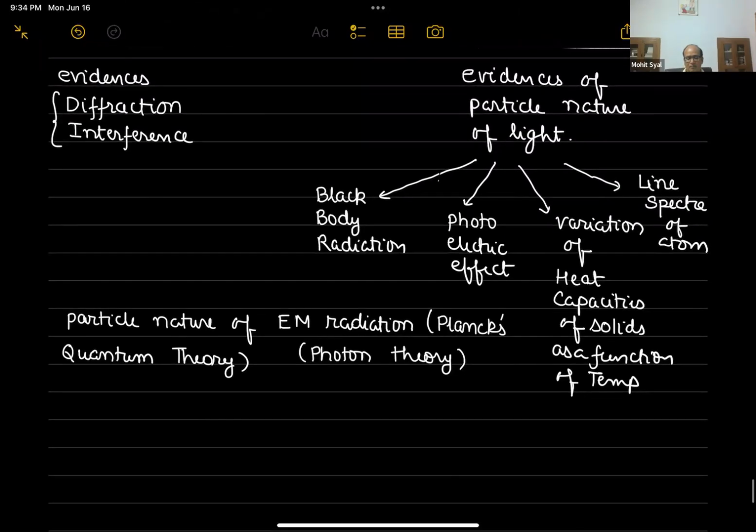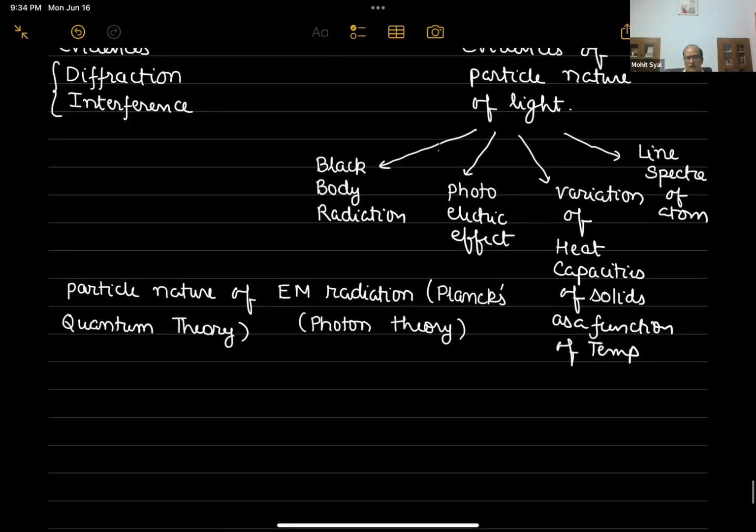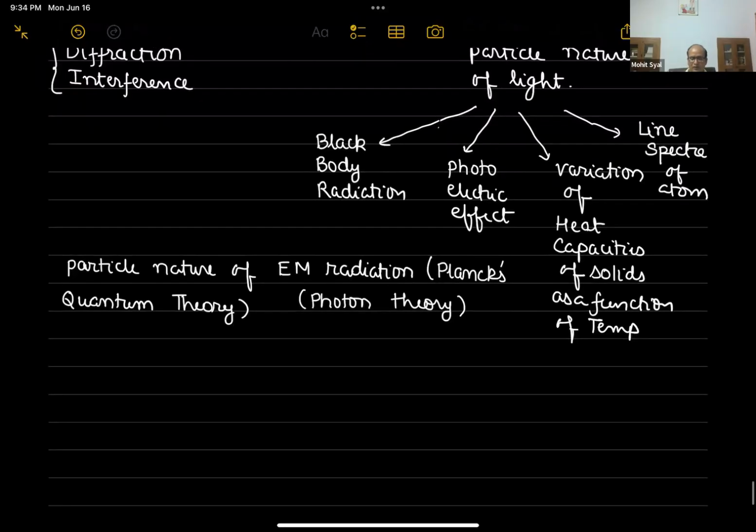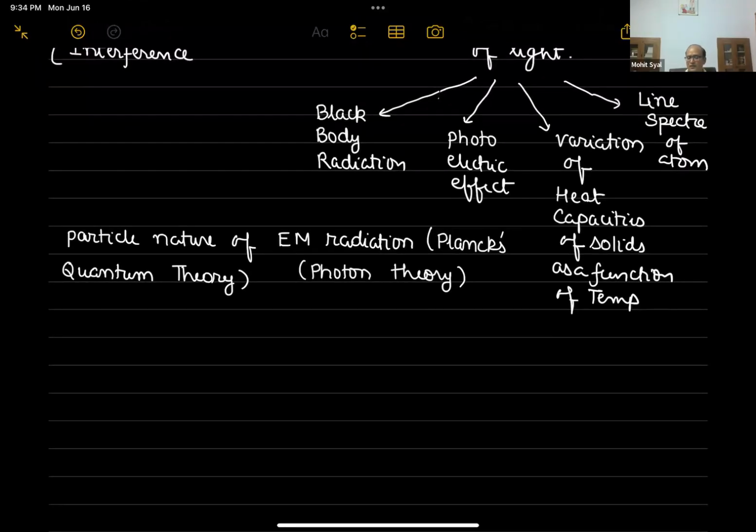But if we talk about the particle nature of light, or Planck's theory, as per this theory, the light is not emitted or absorbed continuously in the form of waves, but rather it is absorbed or emitted by a source discontinuously in the form of packets of energy. Is it clear?